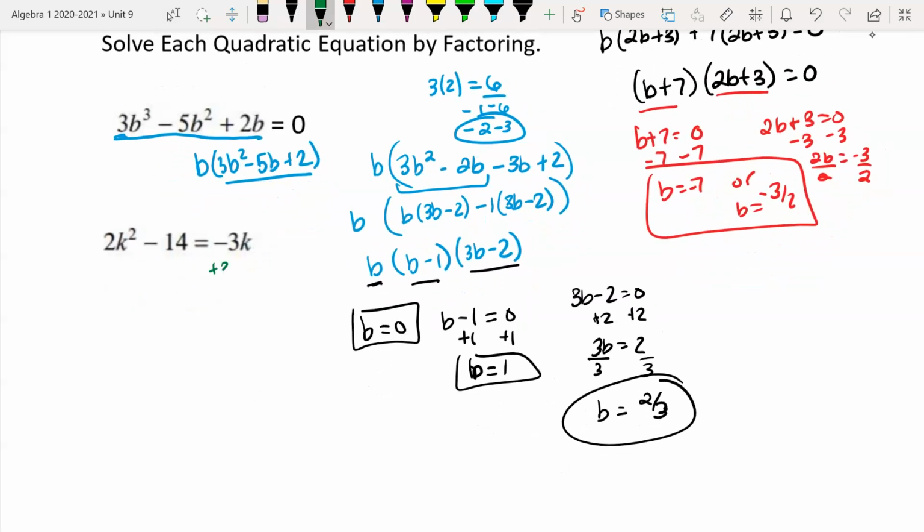So then lastly, got to move the 3k over, and then I got to do the AC method.